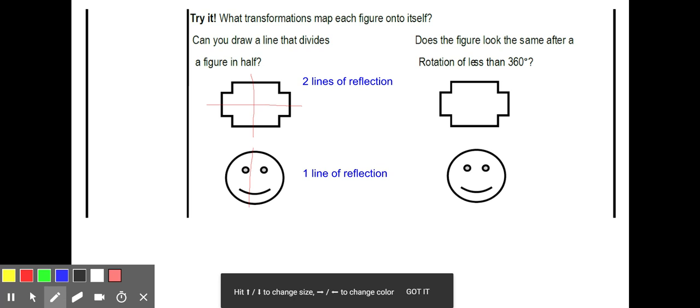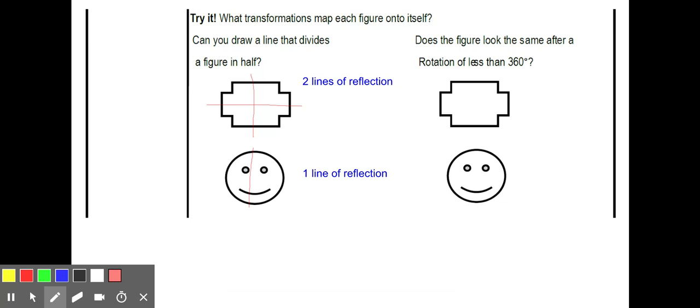All right, does the figure look the same after a rotation of less than 360 degrees? Well, with this figure on the top, we want to put in our center point of rotation.